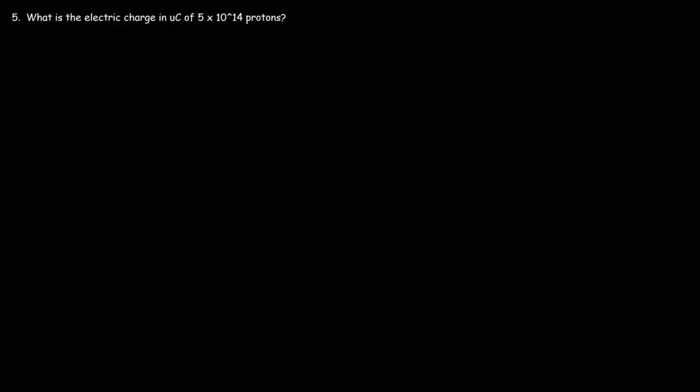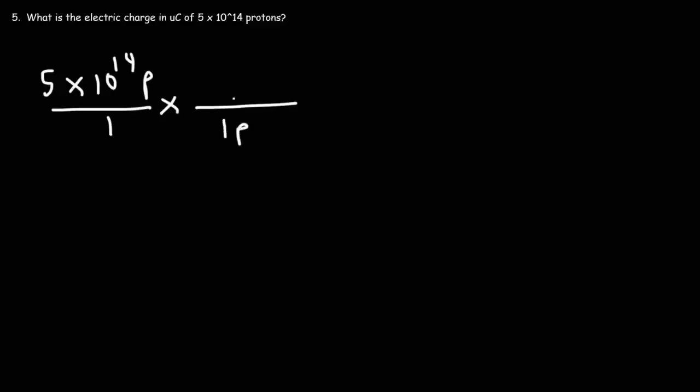So for this problem, we're going backwards. We're converting number of protons to electric charge. So let's start with what we're given. 5 times 10 to the 14 protons. Now let's convert protons to charge. We know that 1 proton has a charge of positive 1.6 times 10 to the negative 19 coulombs.